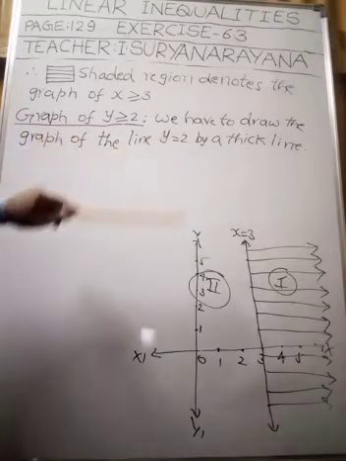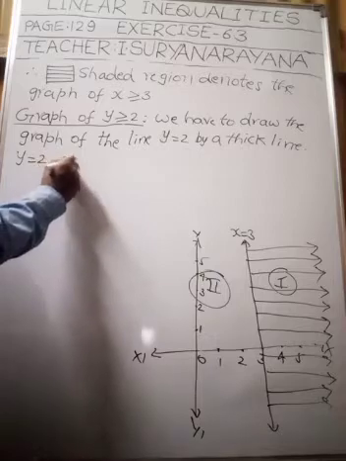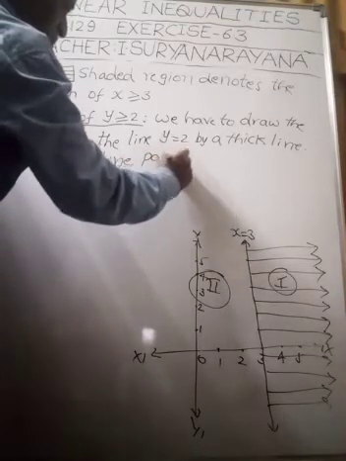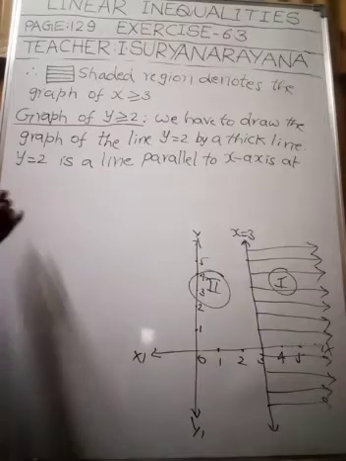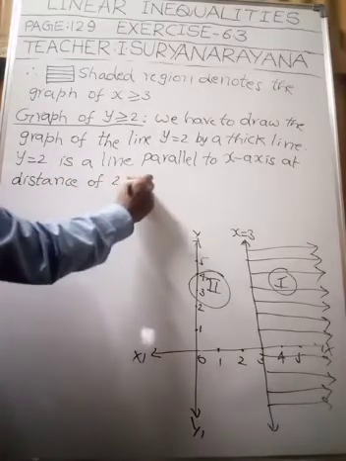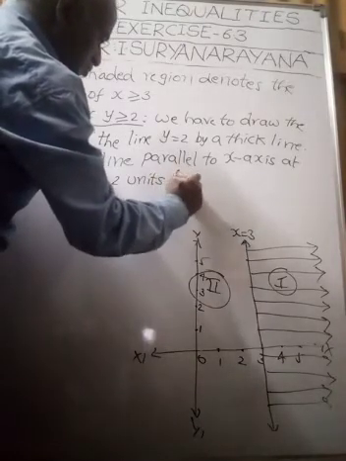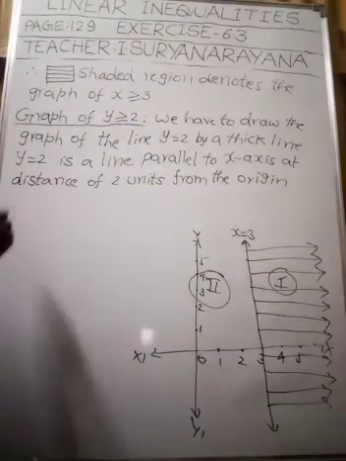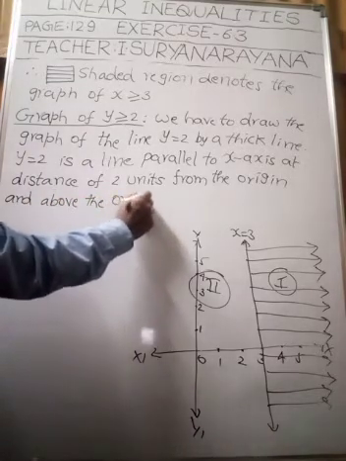This is parallel to the x-axis. y is equal to 2 is a line parallel to the x-axis at a distance of 2 units from the origin, and above the origin.